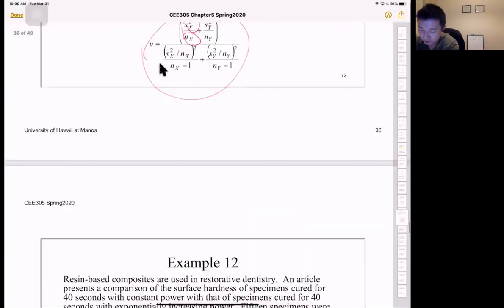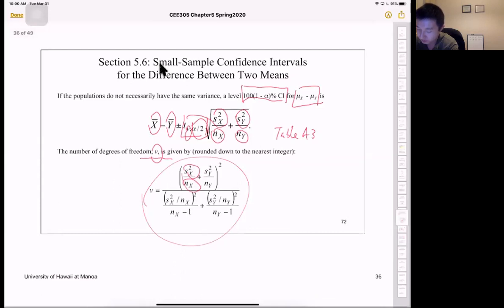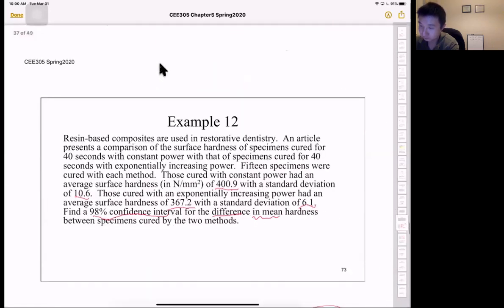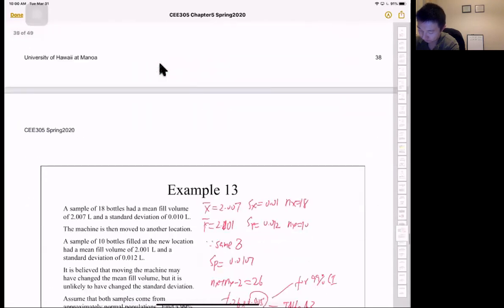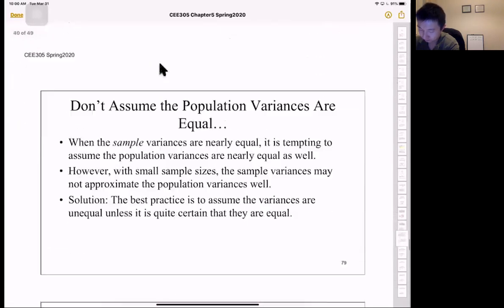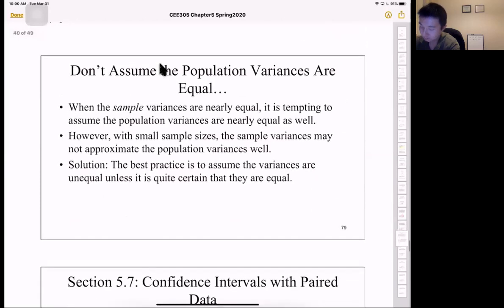We should use the general form equation, this one, if we are not sure the variances of the two populations are equal. Again, the best practice is to assume the variances are unequal unless we are sure they are equal.